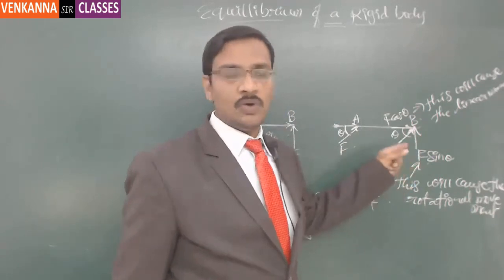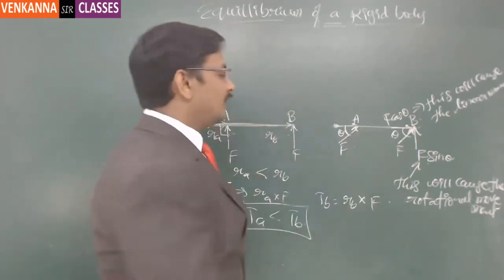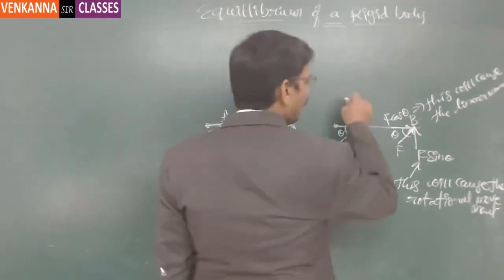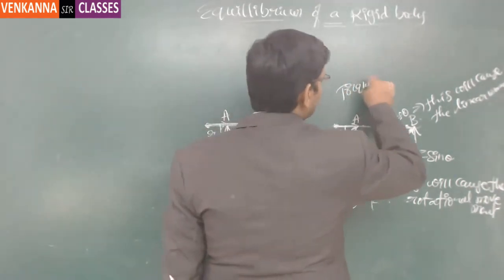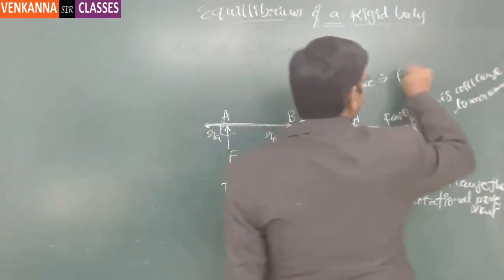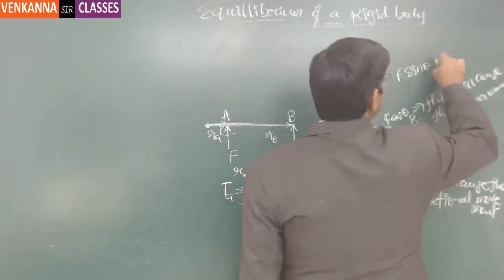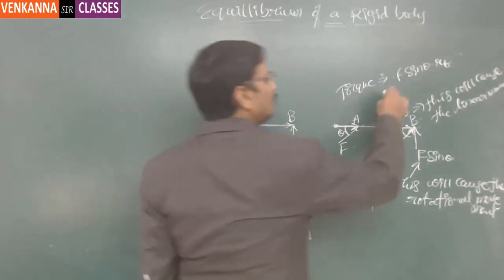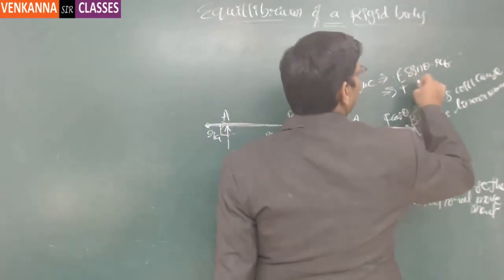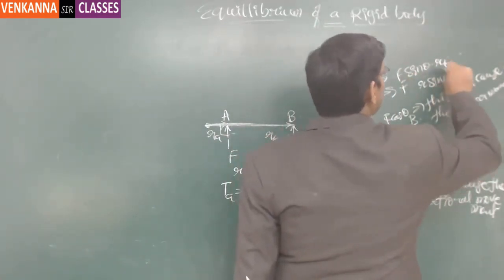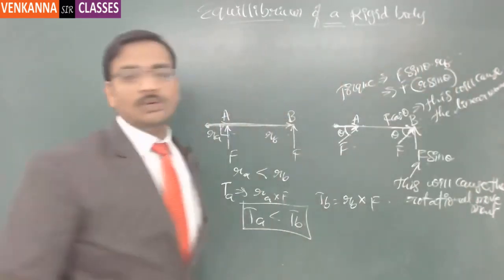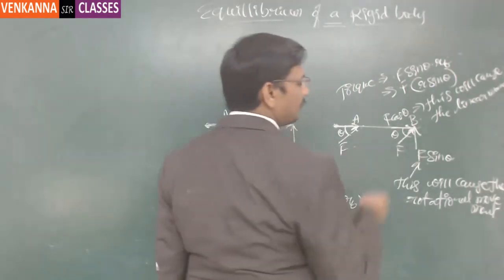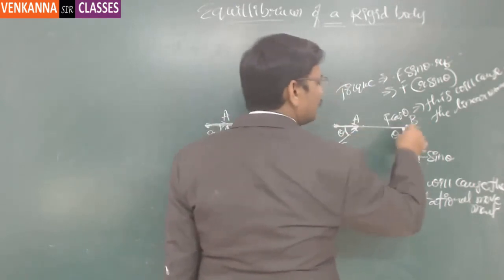And this twisting force is also impacted by R. That means the torque we are going to calculate is nothing but F sin theta into R, or otherwise F into R sin theta. Now R sin theta: this is R, and this is angle theta.